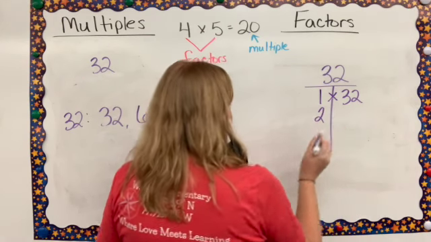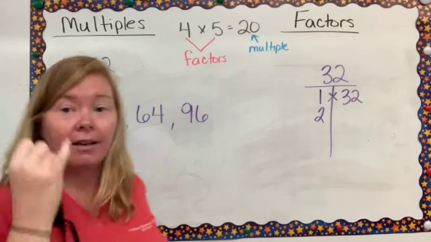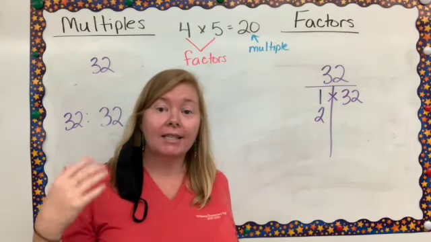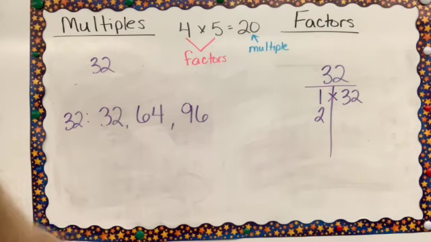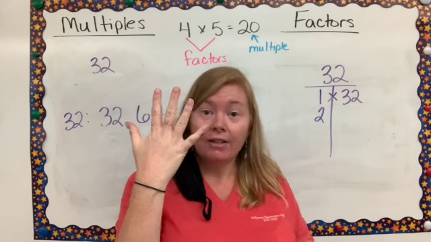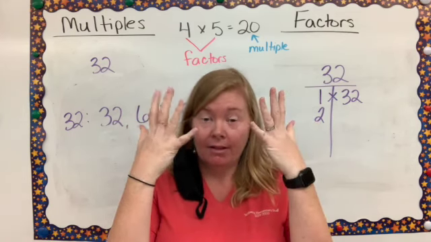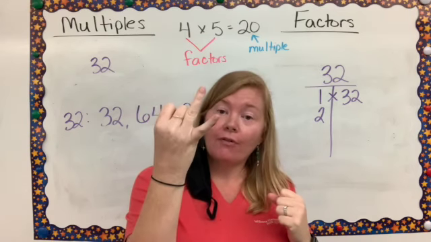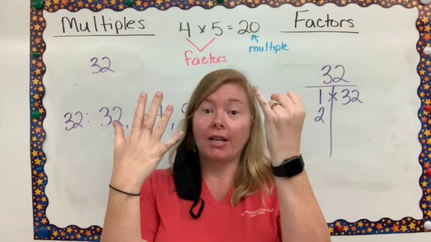Now we've got to test 2. I always test it by skip counting. It also helps you get your facts down pat. 2, 4, 6. I'm going to need more fingers than this. 2, 4, 6, 8, 10, 12, 14, 16, 18, 20, 22, 24, 26, 28, 30, 32.